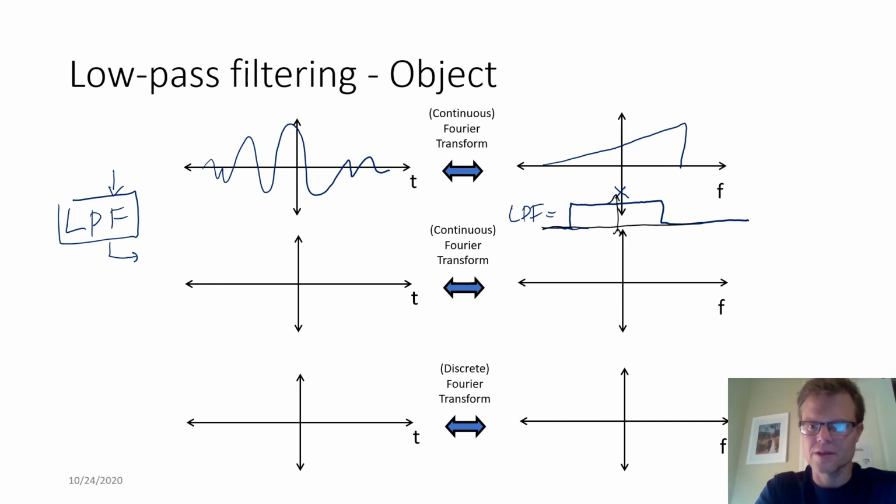Put some axes on here, so that's basically 0 outside of some bandwidth, and it's 1 inside of the bandwidth in the case of an idealized filter.